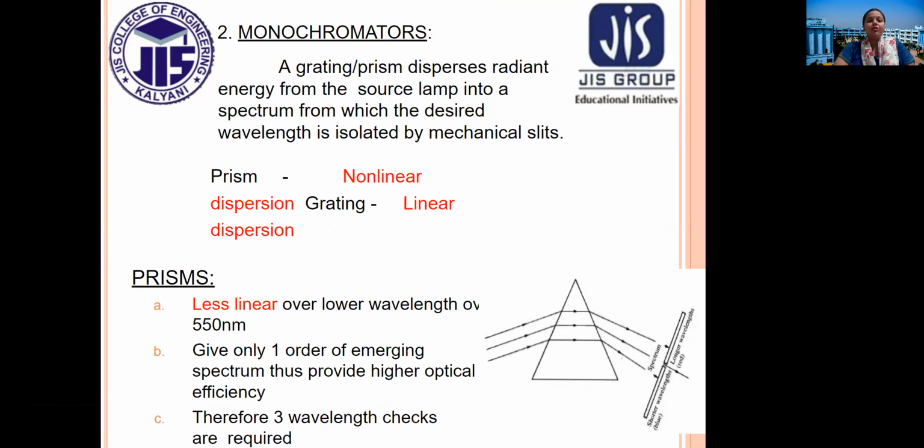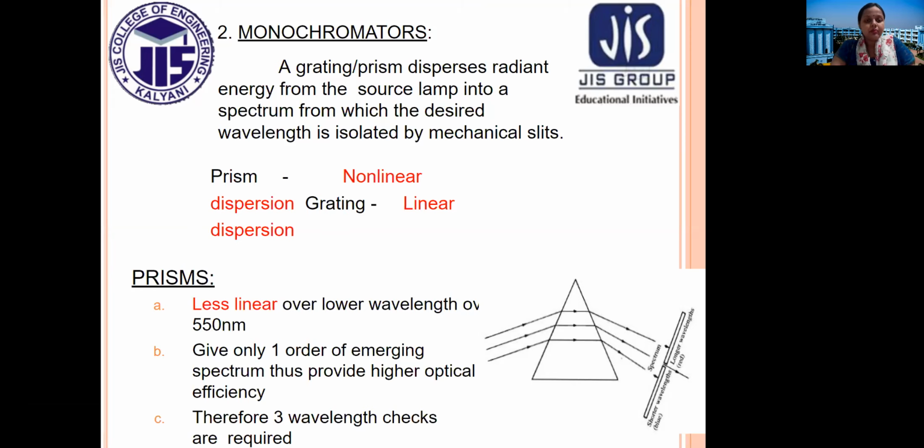Okay, next is monochromators. A grating or prism disperses radiant energy from the source lamp into a spectrum from which the desired wavelength is isolated by mechanical slits. Now, a prism is used for nonlinear dispersion, a grating for linear dispersion.